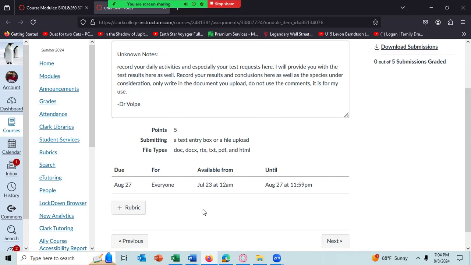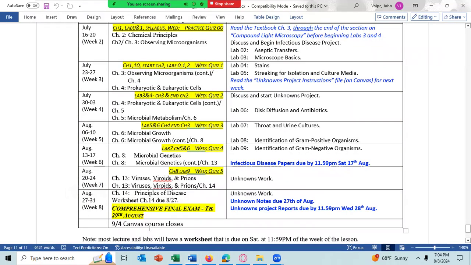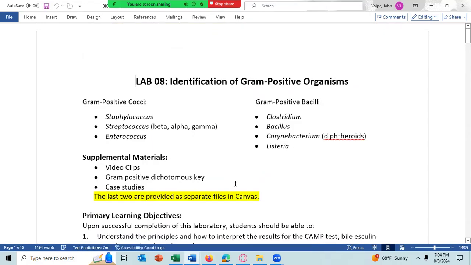All right, let's go to Lab 8. Any questions? Well, I guess I should go with the syllabus. So what we're doing is Lab 8. Lab 8 is identification of gram-positive organisms.